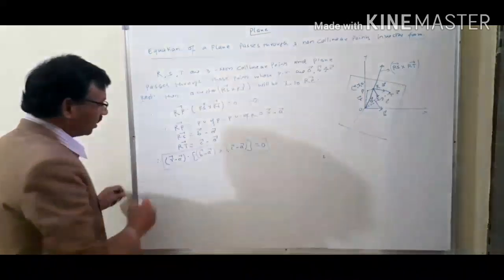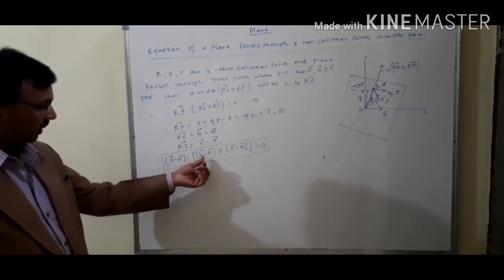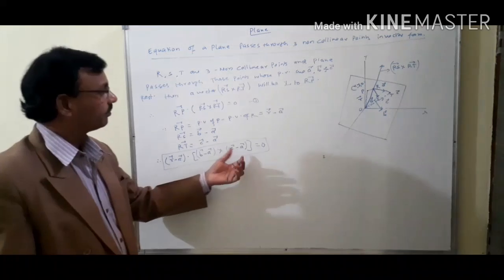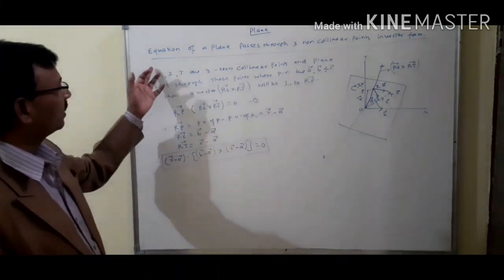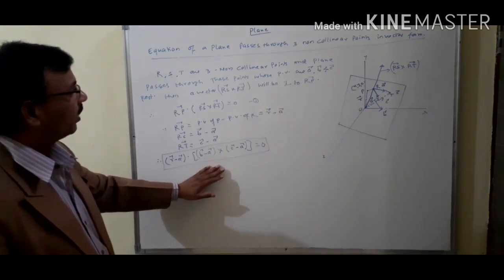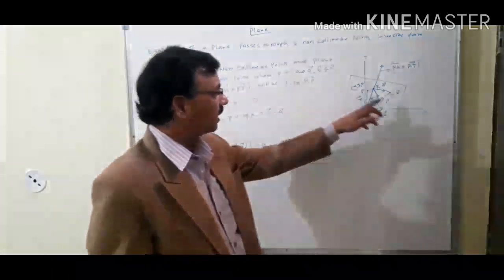So this equation, r minus a dot b minus a cross c minus a equal to 0, is the equation of a plane in vector form which passes through three non-collinear points R, S and T.